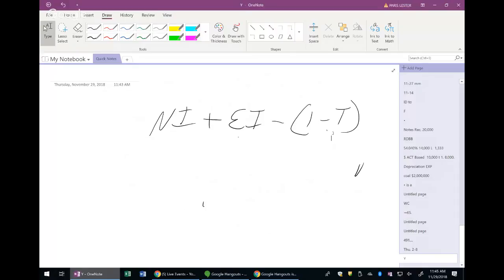What have you got, Mark? 448,000. Now add that to 1,750,000, which gives $2,198,000. Now that's what you divide by your average total assets, beginning plus ending divided by 2. And that will end up giving you 7.3%.